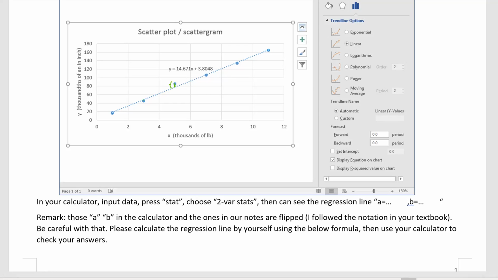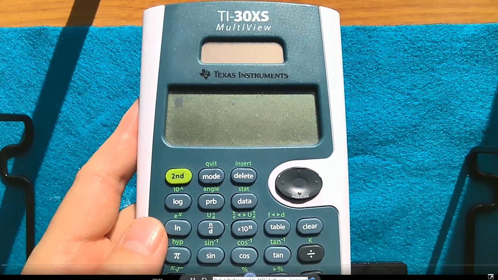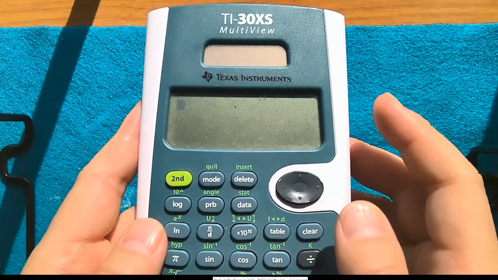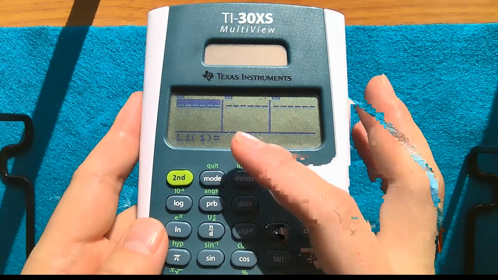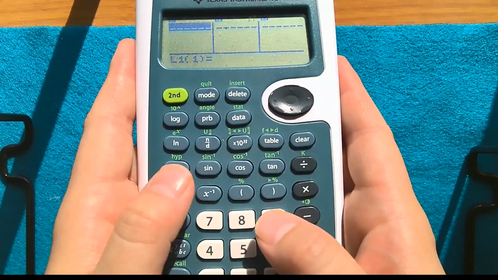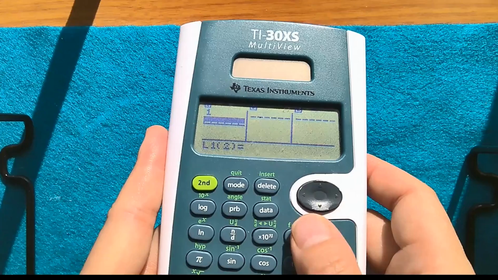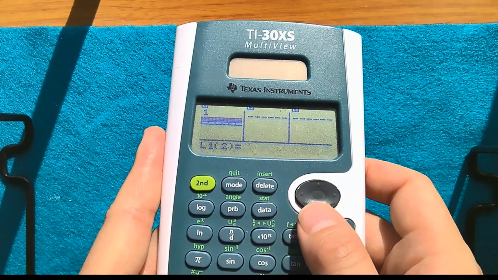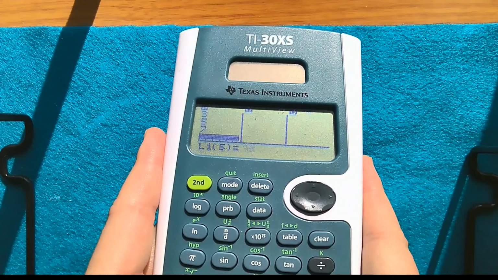In your calculator, you can also find the regression line. Let me show you here. I use a TI-30XS calculator. You press data, and then you can see some columns. In the first column, enter the x values. So we have 1, 3, 5, 7, and 9.